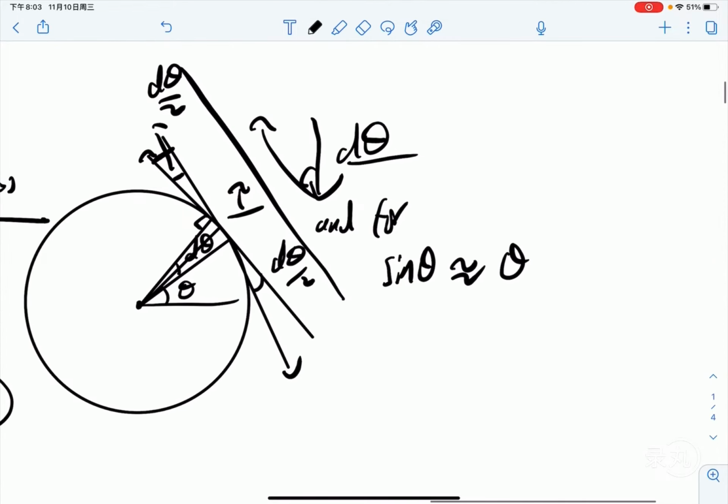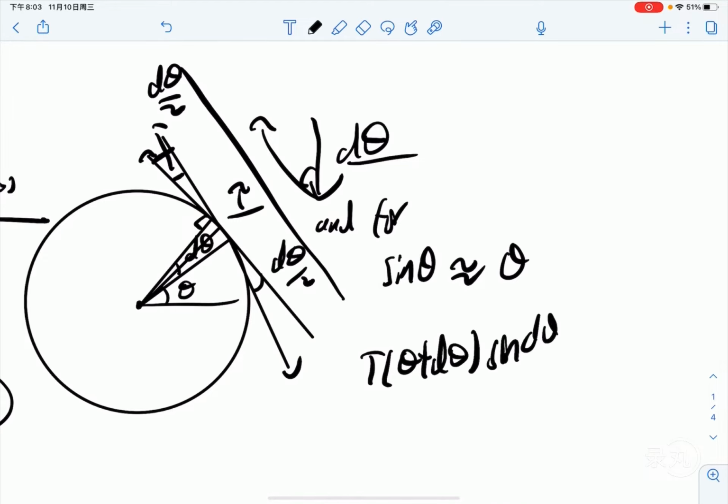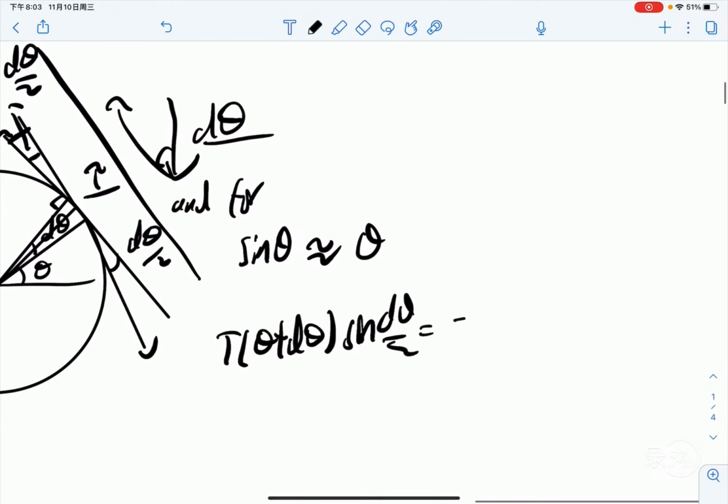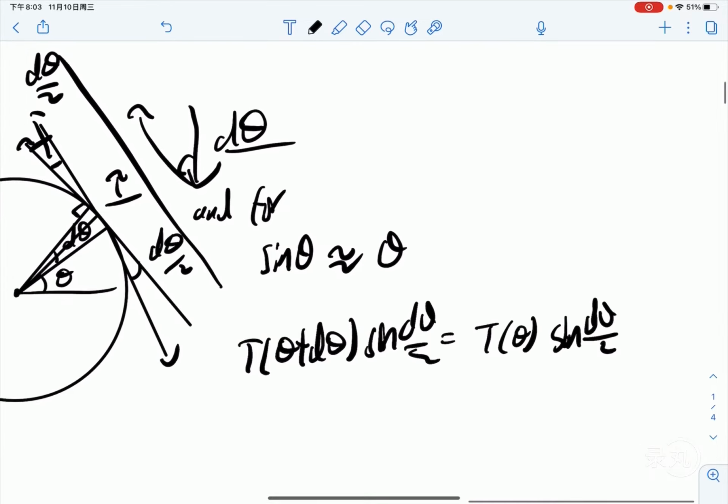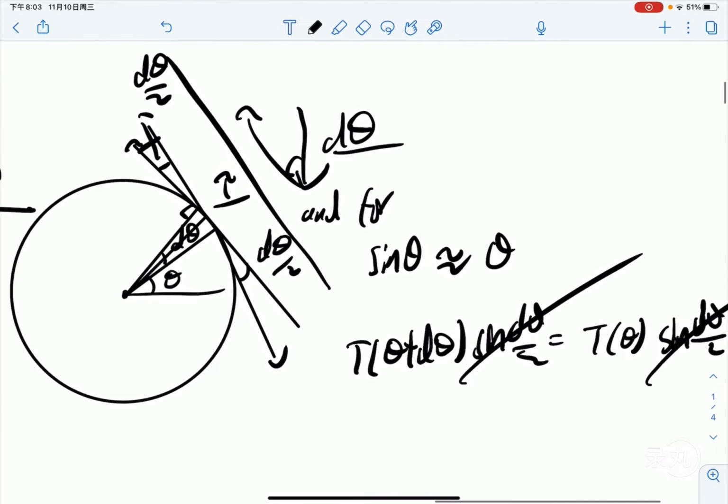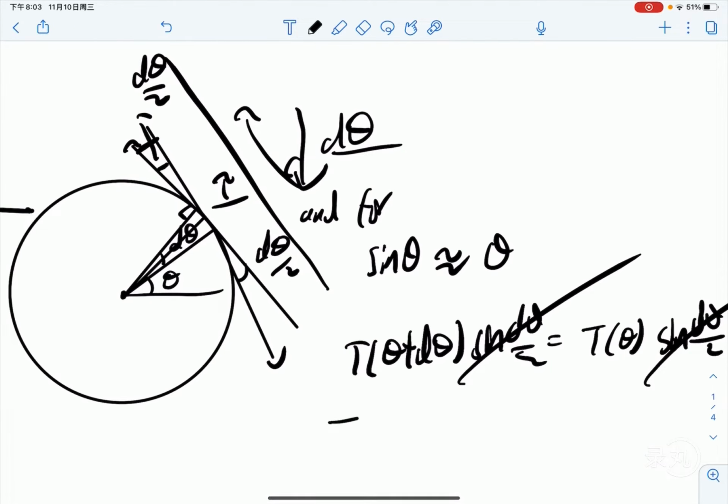So basically we have that T theta plus d theta sine d theta over 2 is equal to T theta sine d theta over 2. And these two terms cancel each other out, which leaves T theta plus d theta.